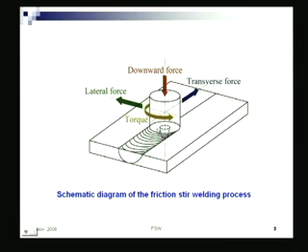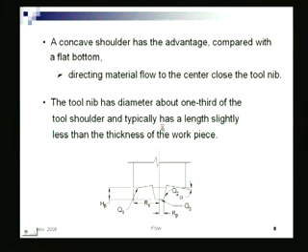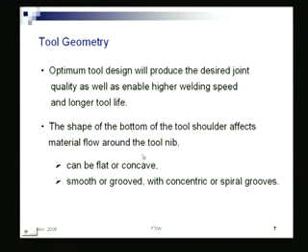So small changes can cause a sufficient change in the entire operation, in the weld quality, in the operation speed. So as we say, it can be flat or concave, it can be smooth or grooved with concentric or spiral grooves, right.